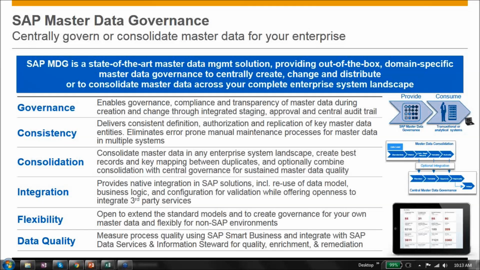So the key element when we're talking master data governance, of course, is the governance. Making sure that you have complete transparency of who did exactly what in your system, and you make sure that the right people are enhancing and or approving the data as you move forward. That does not mean that it's always the same people that need to approve everything.